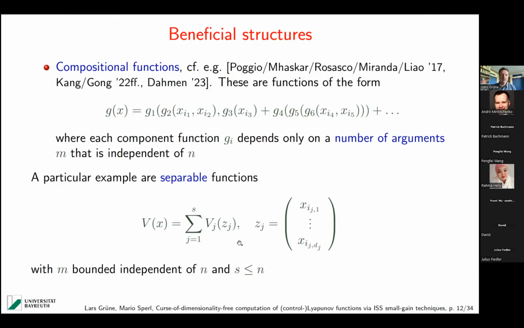The subvectors should be of a certain size. Actually, this is a typo here. This M should be this dj, the number of elements, and they should be bounded independent of n, or at least not grow too fast. And S is then the number of these lower dimensional functions, and this should be bounded by the space dimension. So these are the separable functions.